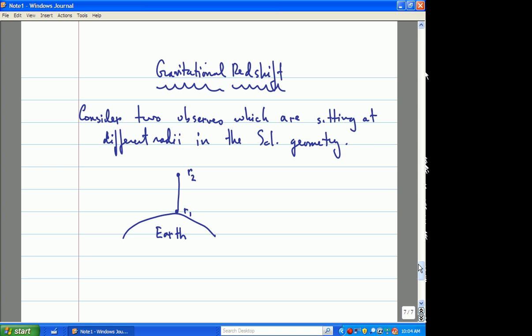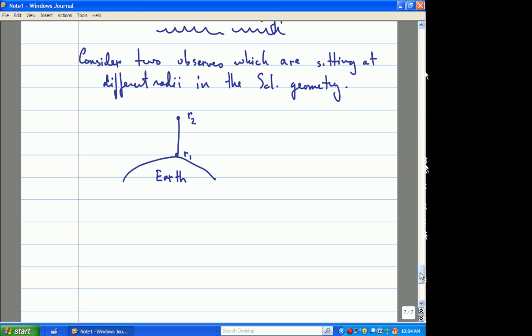And I want to remind you that the Schwarzschild metric includes a term like 1 minus big R over little r times dt squared plus a bunch of other stuff. But I wish to consider observers who are just sitting at fixed r and fixed angular position, so those other terms won't be relevant.